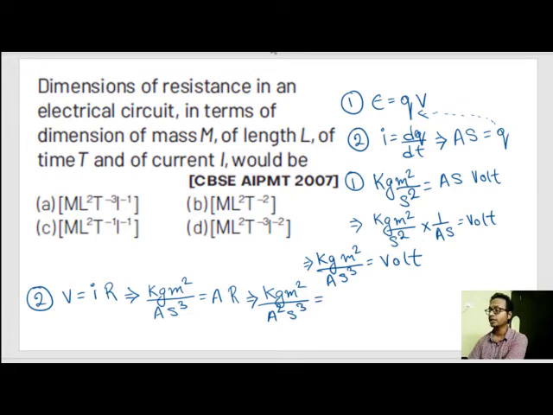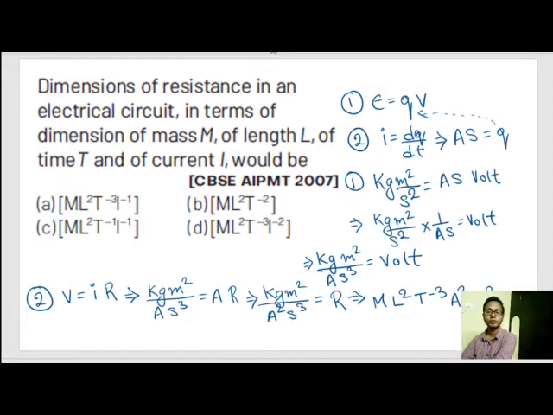Ampere square because I am taking this A to the left hand side, is equal to R. Or this can be converted into dimensions in the form of kg becomes mass, m square becomes length square, s cube becomes time to the power minus 3, and a square becomes current square, is equal to R.